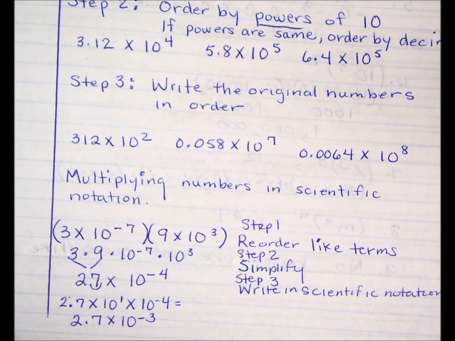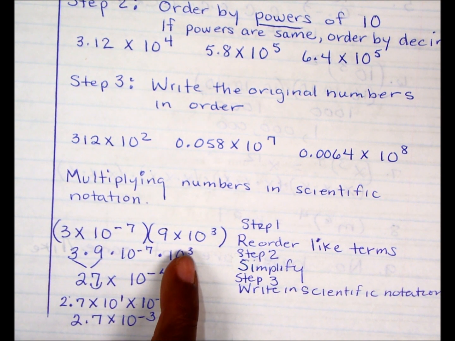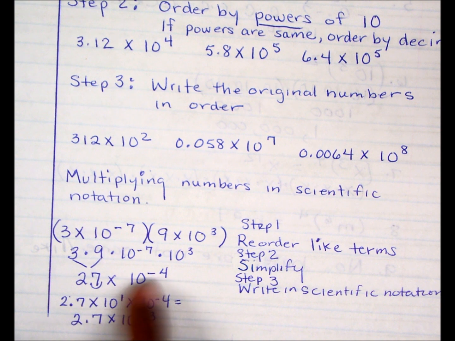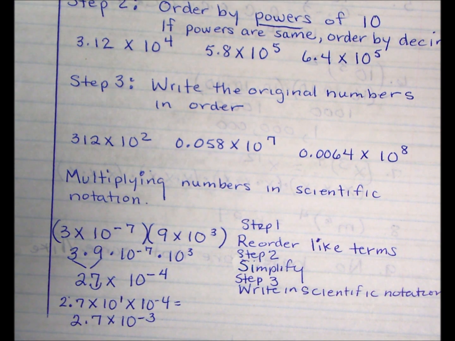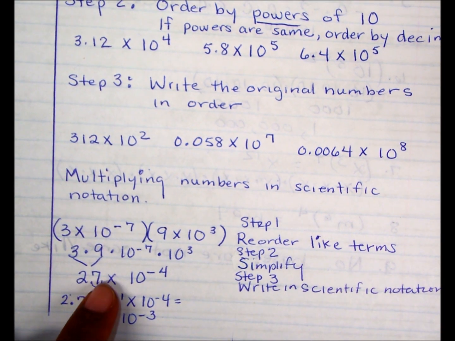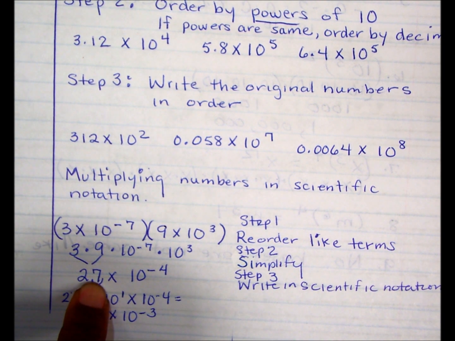So 3 times 9 is 27, and 10 to the negative 7 times 10 to the 3rd is 10 to the negative 4th. So then the next thing we have to do is write it in scientific notation. So we take this 27 and we had to move the decimal 1 space in order to make it a value less than 10.